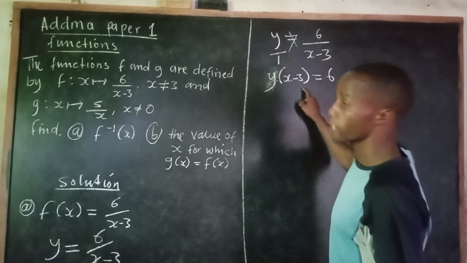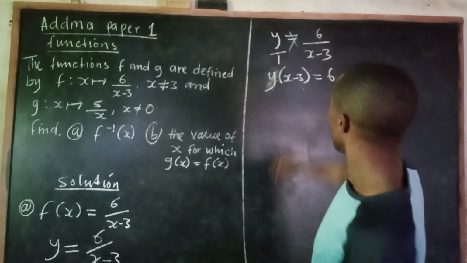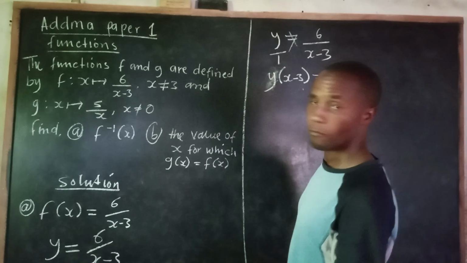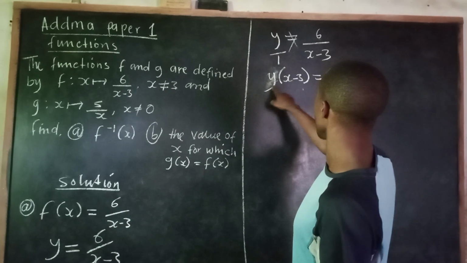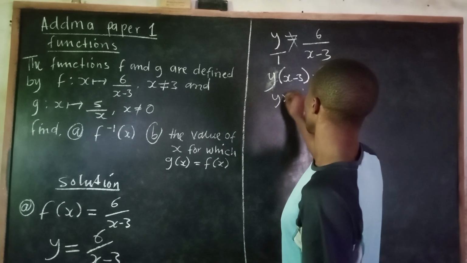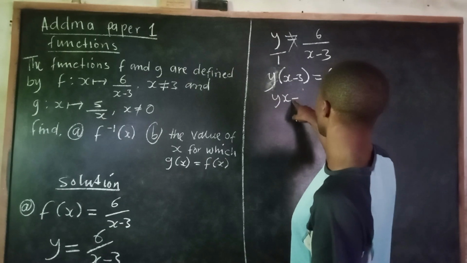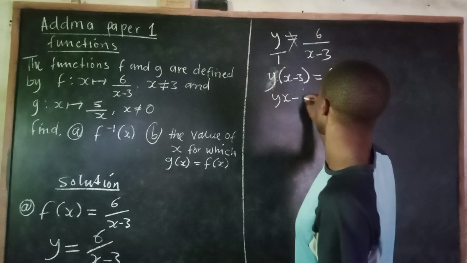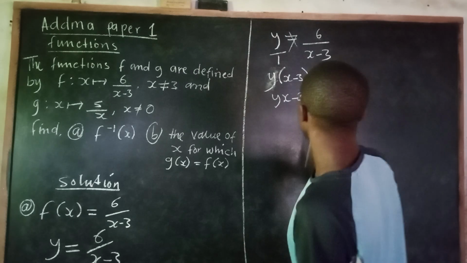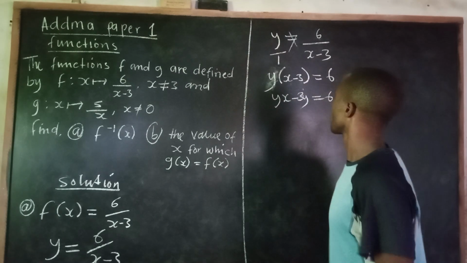Then we get rid of the bracket: yx minus y times negative 3, which is negative 3y.